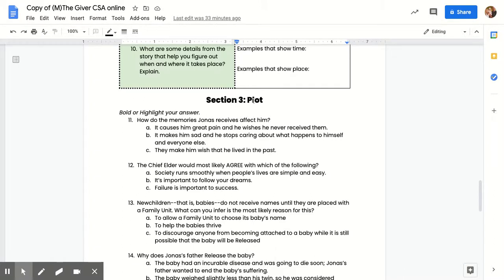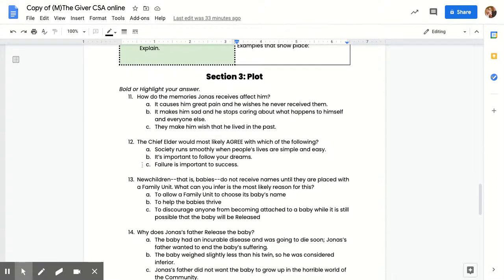Section 3. Plot. Bold or highlight your answer. Number 11. How do the memories Jonas receives affect him? A. It causes him great pain and he wishes he never received them. B. It makes him sad and he stops caring about what happens to himself and everyone else. C. They make him wish that he had lived in the past.